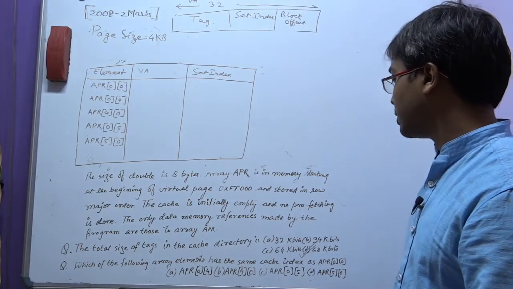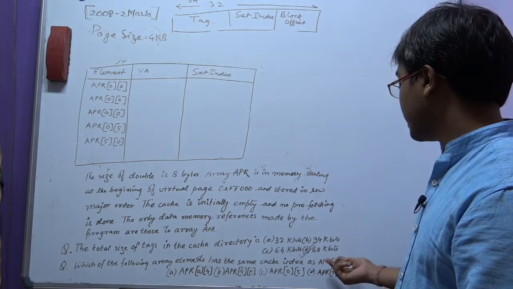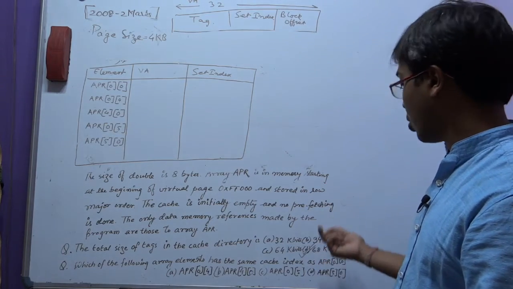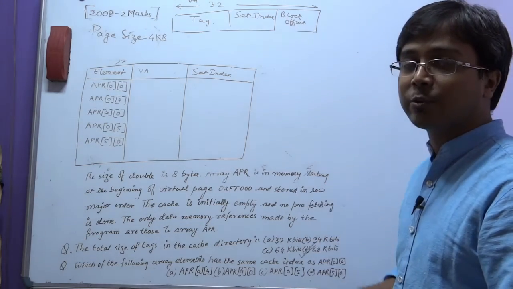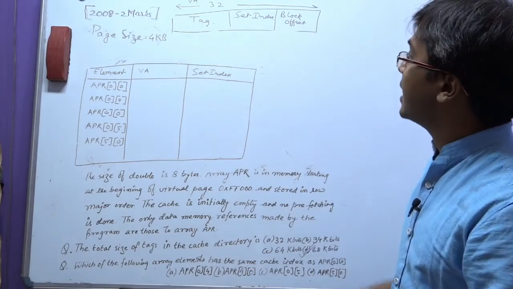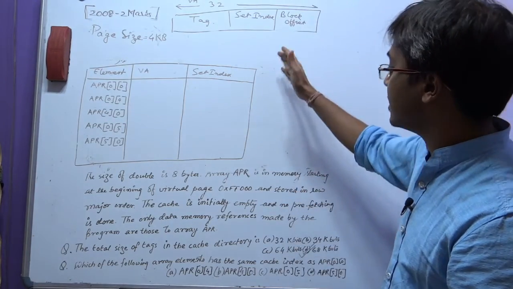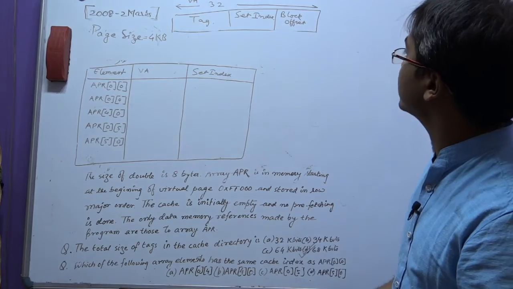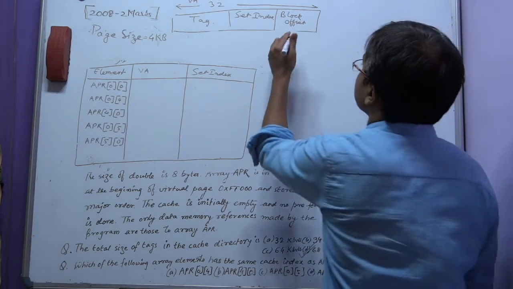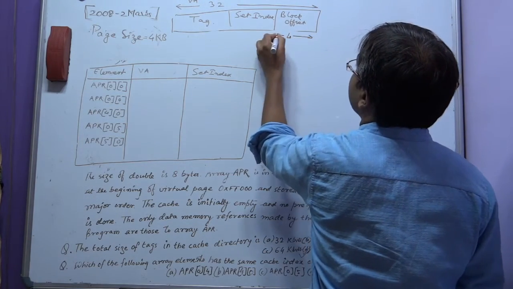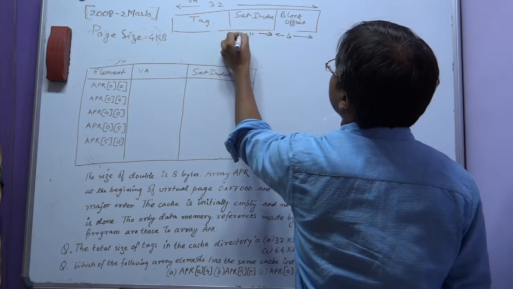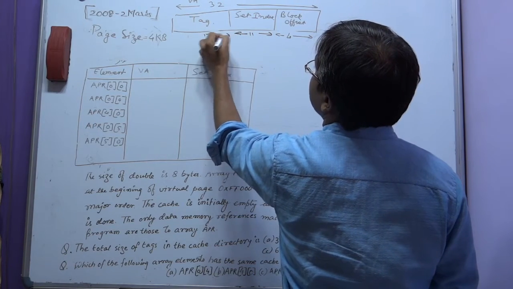So first of all, we need to find out the virtual address of APR00, and from there we can find out the set index. As we have already discussed in the explanation of the first question, block offset is 4 bits wide, set index is 11 bits wide, and tag is 17 bits wide.